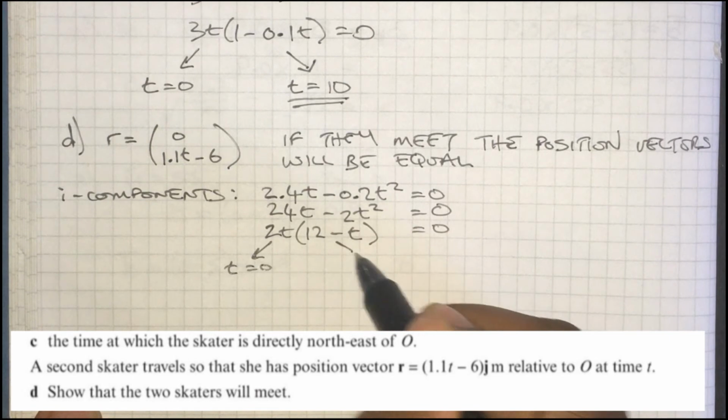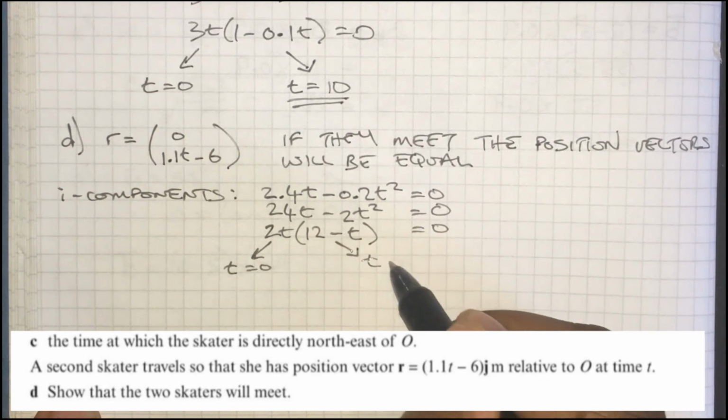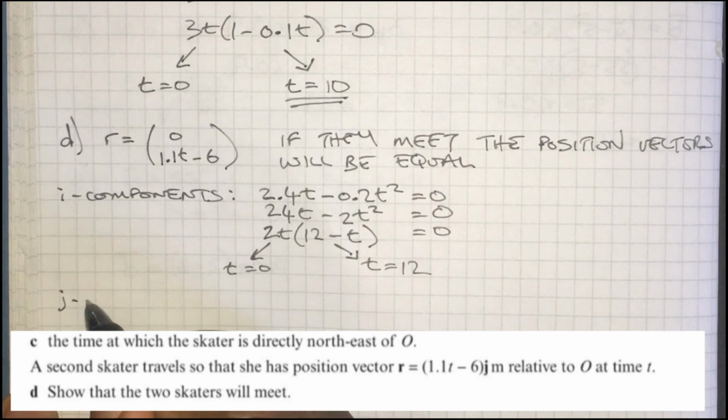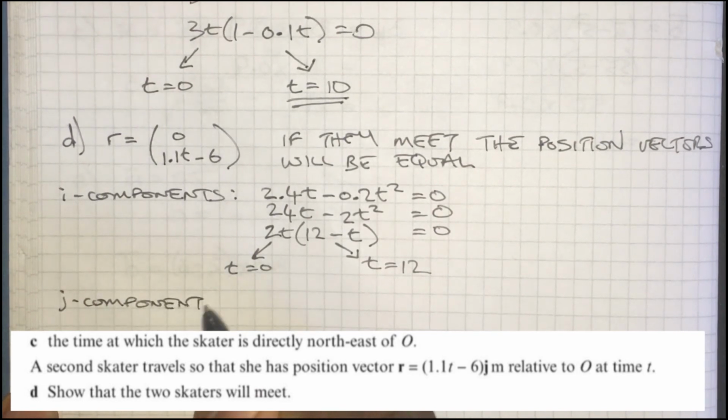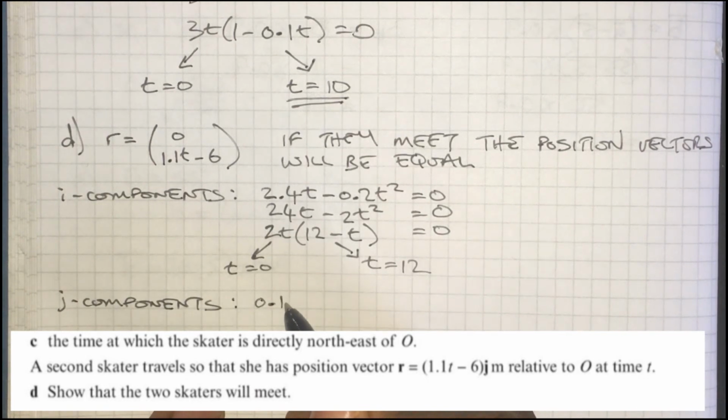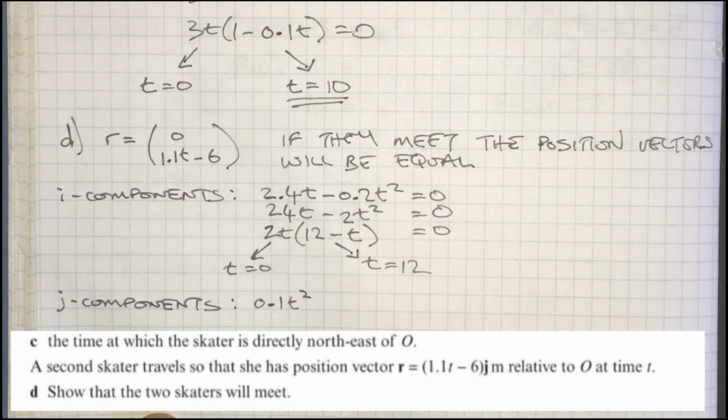Two solutions: t equals 0, t equals 12. I don't know which of these two is the correct answer. I'm not going to discount t equals 0 because maybe they met right at the very beginning and never meet again. So I'm going to keep on working, and it should give us some illumination of which of these two is potentially the correct answer.